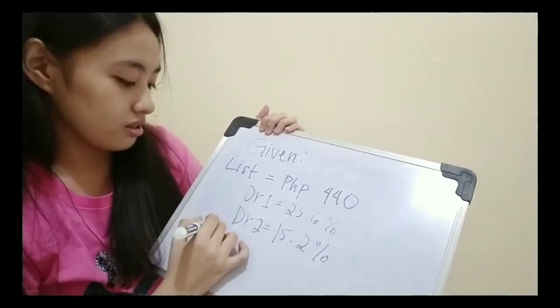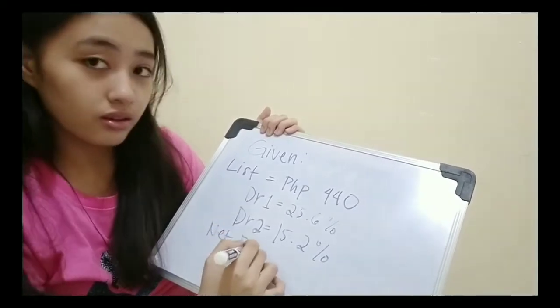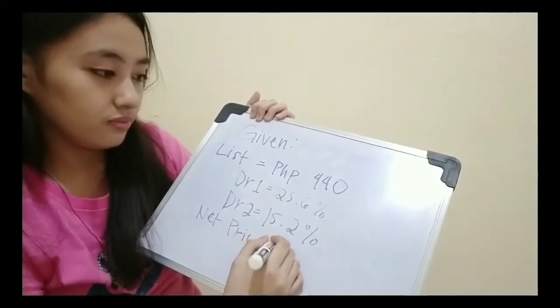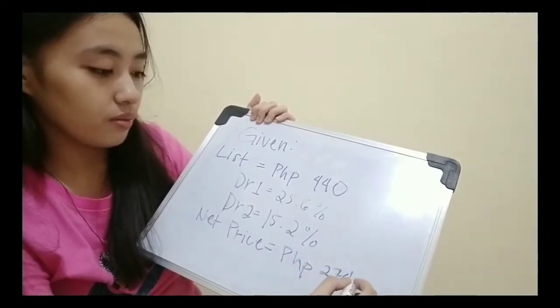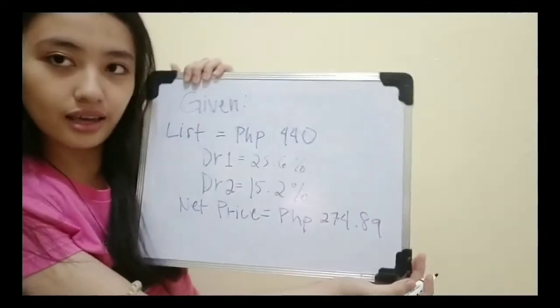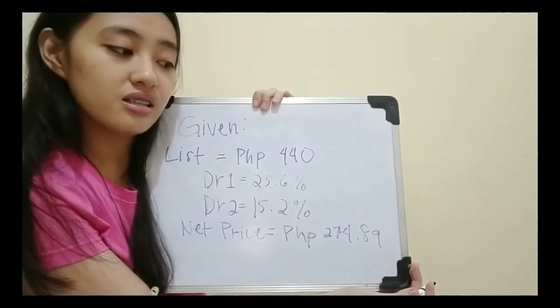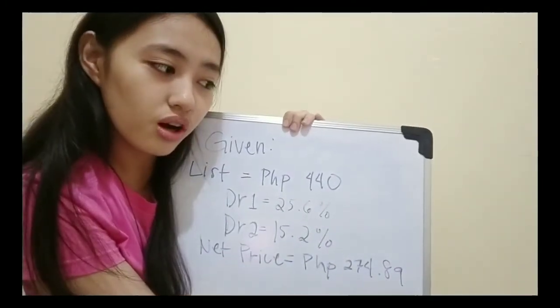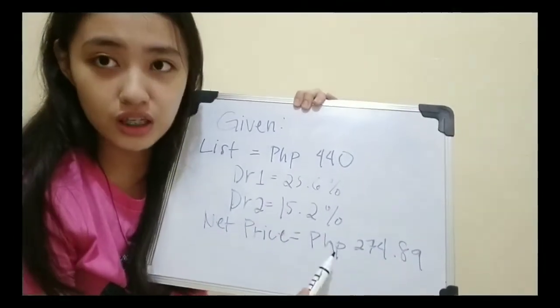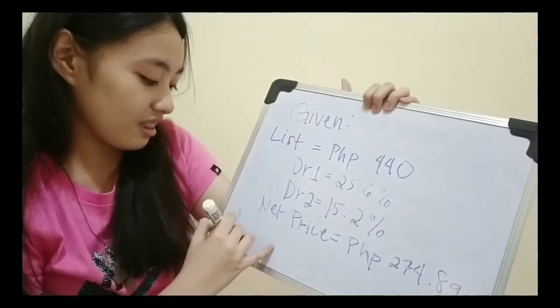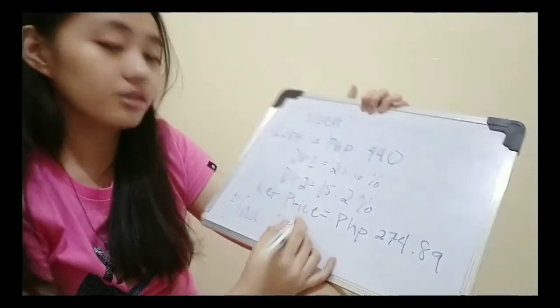And the net price of 274.89. Ngayon, since tinatanong sa problem kung ano yung additional rate of discount ang na-offer pa para mag-come up sa net price na ganito, what we're going to find is the discount rate number 3.